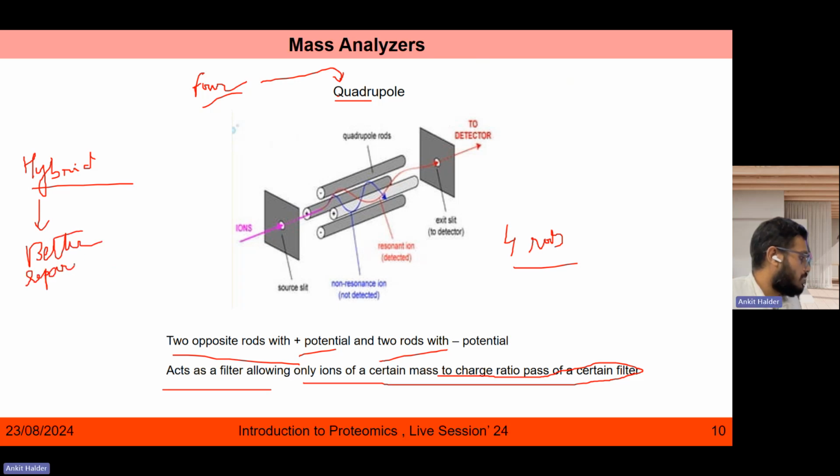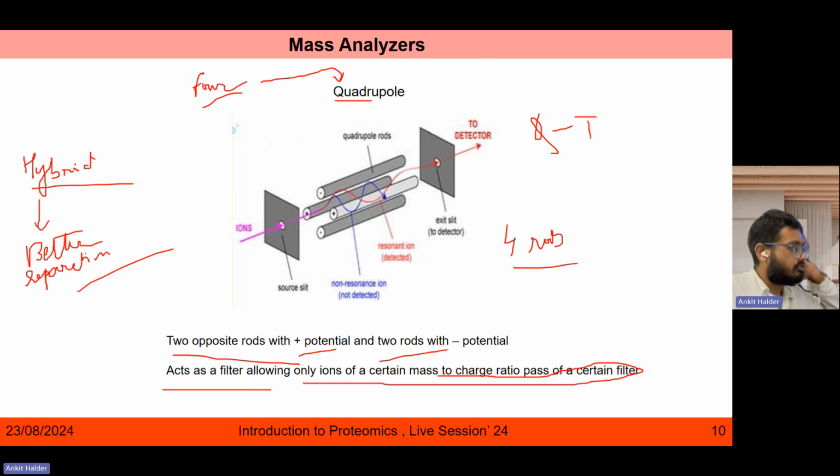The better the separation, the more ions we would be getting and identifying, and the coverage would increase to that extent. So that's why it becomes quite important to use a combination of mass analyzers so that effective separation can happen.